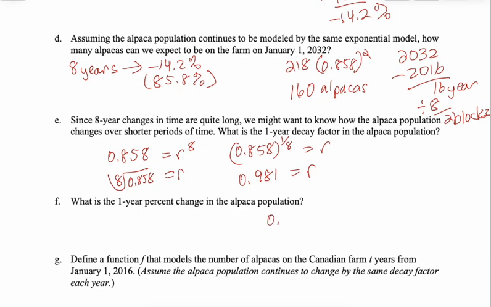So what's the 1 year percent change? Remember, we take whatever our rate is, take off 1, or 100%. So if we do 100%, so that's 98.1 minus 100. That's why we get a negative.